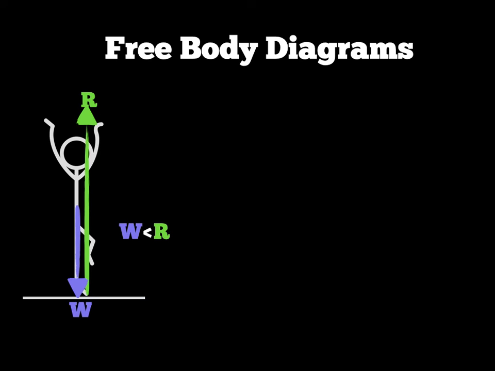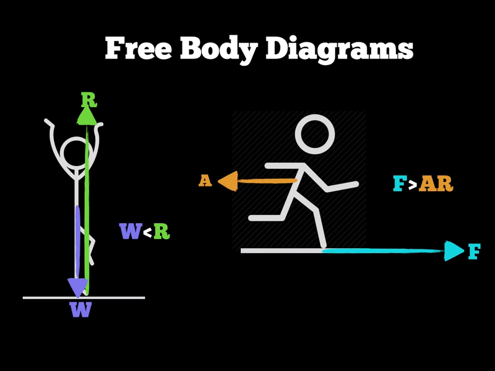If the question asks you for the horizontal forces, you only draw friction and air resistance. So again, the question might say, please draw a sprinter coming out of the blocks using only horizontal forces. And my diagram there shows you the sprinter coming out of the blocks, accelerating forwards using only horizontal forces.